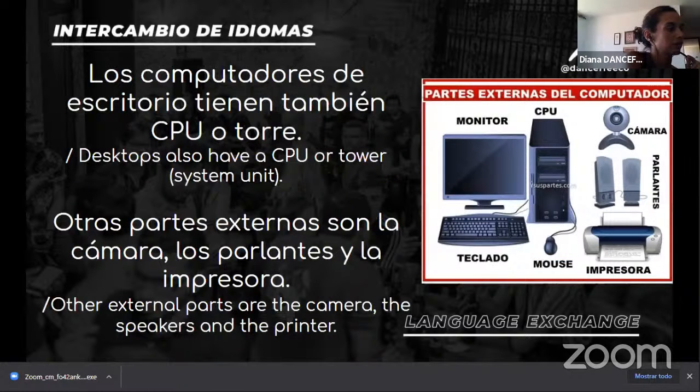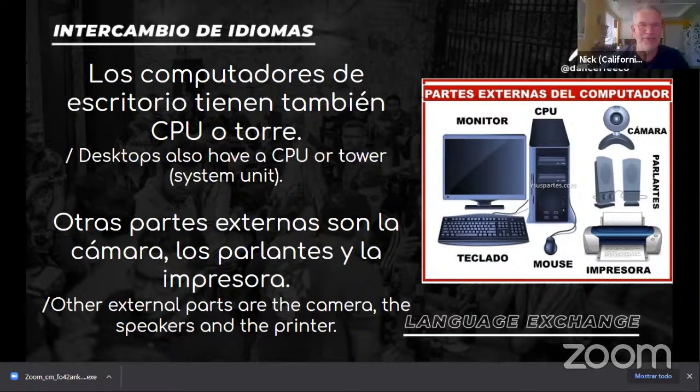Okay. I'm going to continue, and I am showing you here this. Los computadores de escritorio tienen también CPU o torre. CPU. We call them both ways.